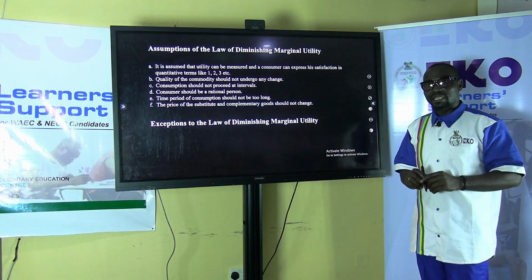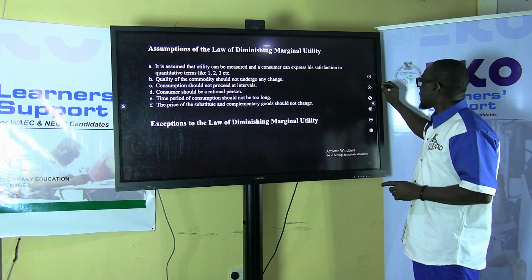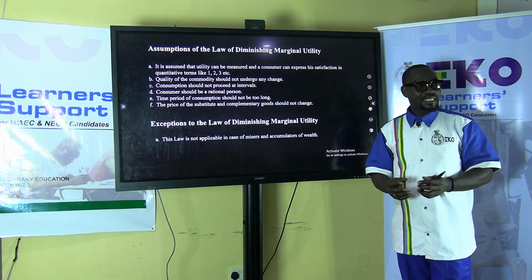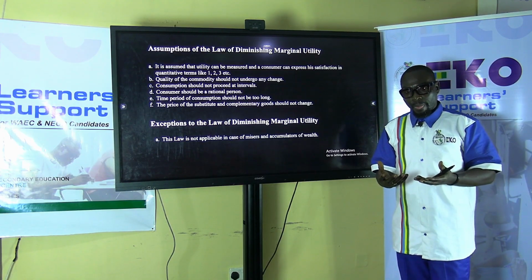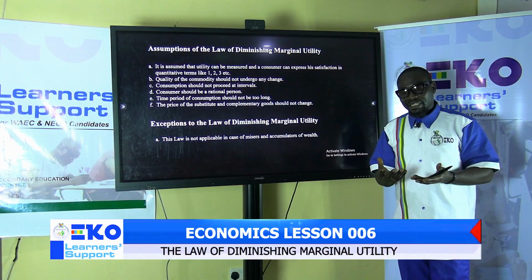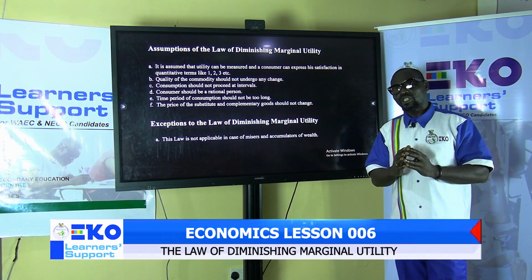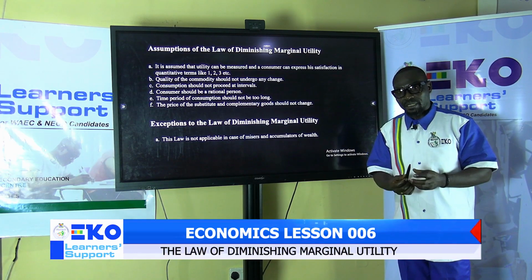There are cases where the law of diminishing marginal utility may not hold, and which cases are these? We have the case of a miser, or someone who accumulates wealth. For these ones, the law of diminishing marginal utility will not hold, because their satisfaction is not a function of rational thinking. Okay?